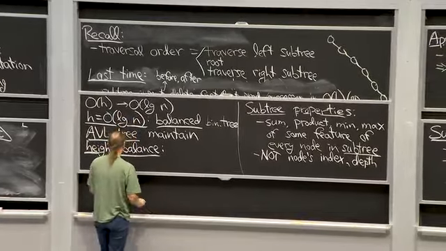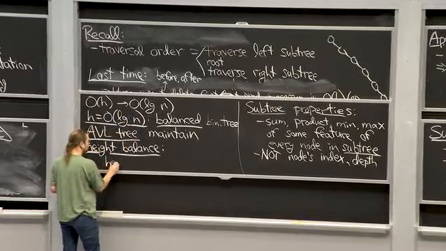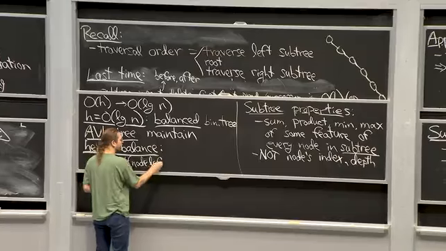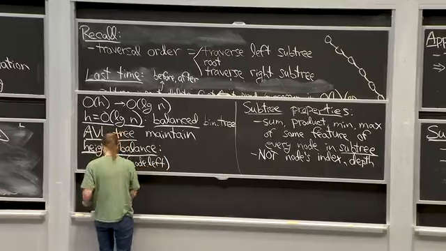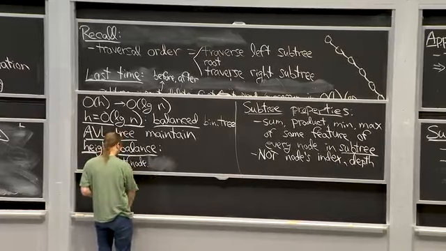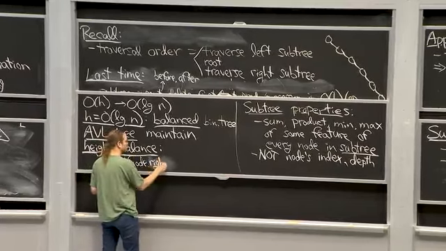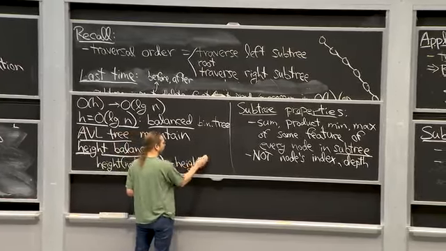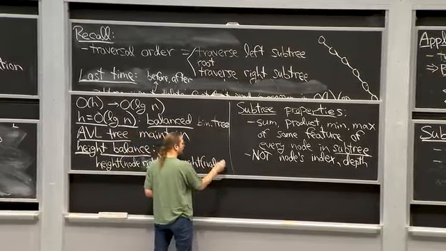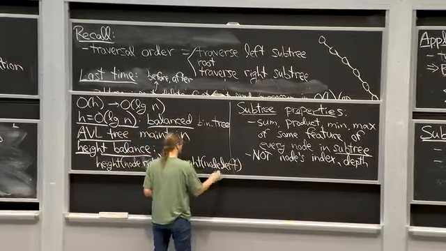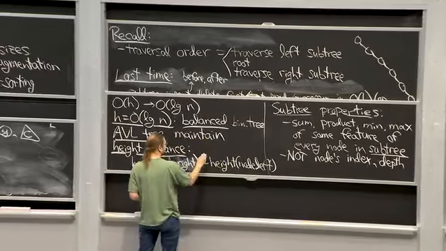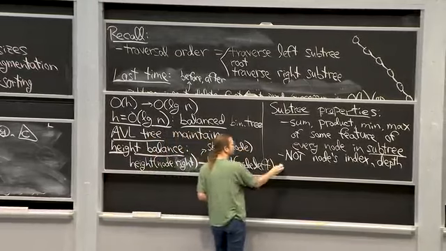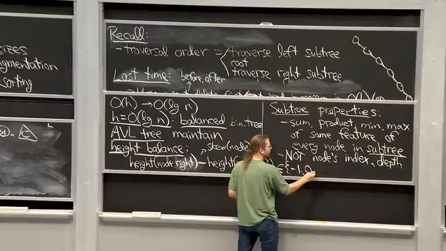This is if we take the height of node.right minus height of node.left. So this thing is called the skew of the node. I want this to always be -1, 0, or +1.